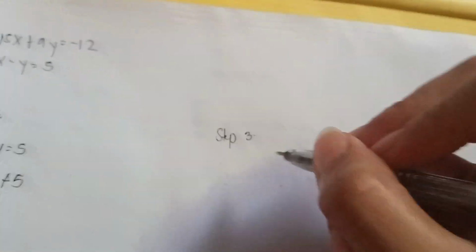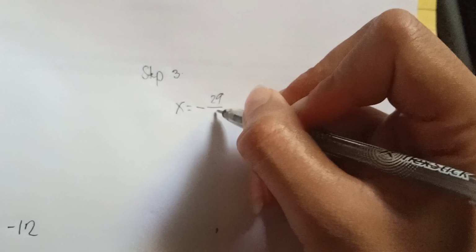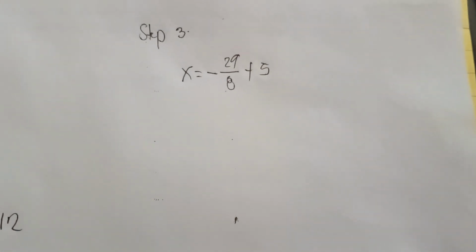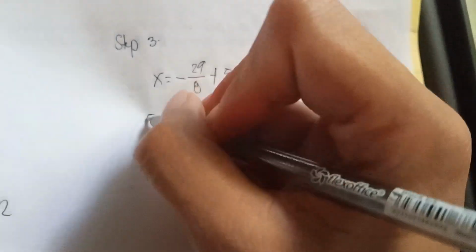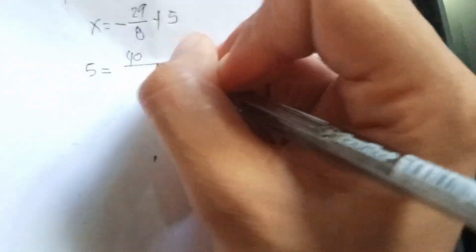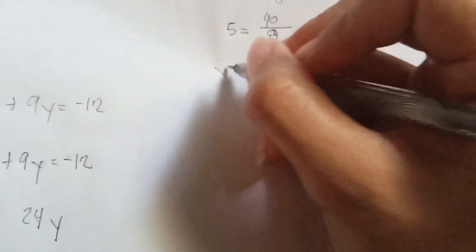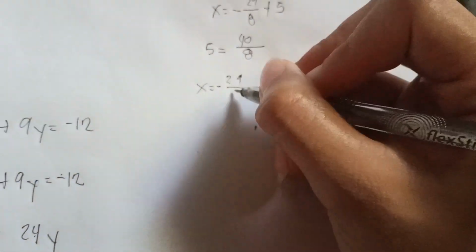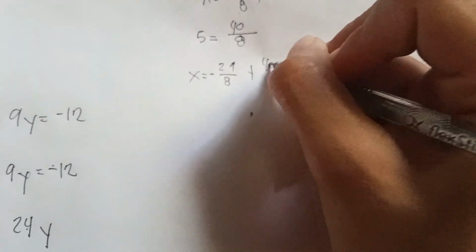So x equals negative 29 over 8 plus 5. Then we're going to convert the whole number 5 to a fraction with denominator 8. So 5 equals 40 over 8. So we have here x equals negative 29 over 8 plus 40 over 8.